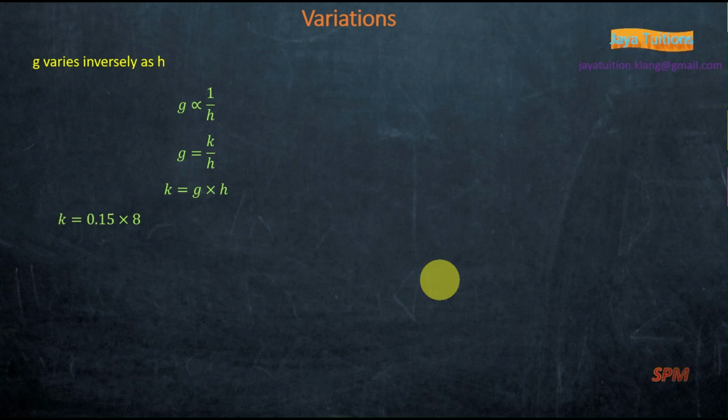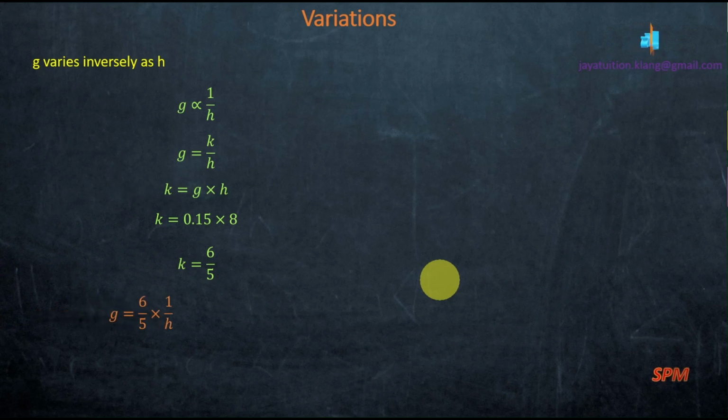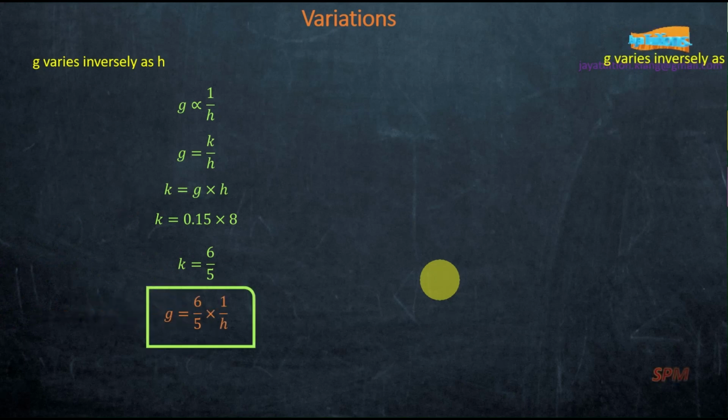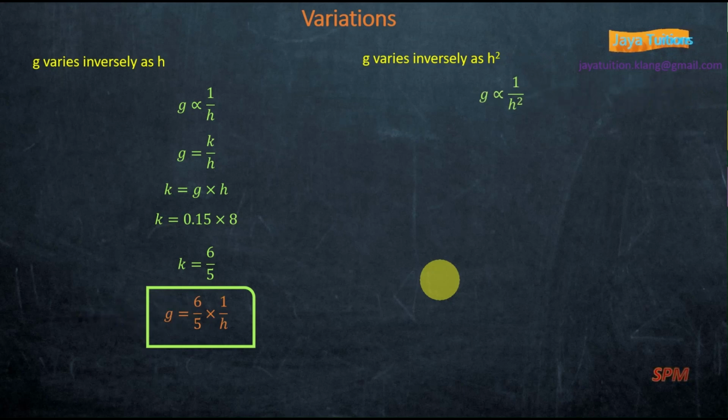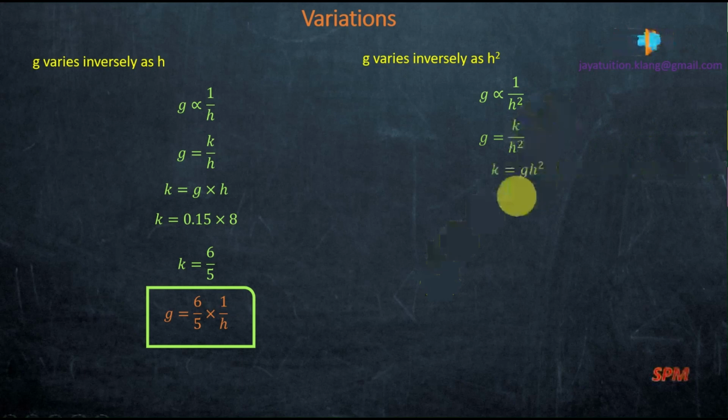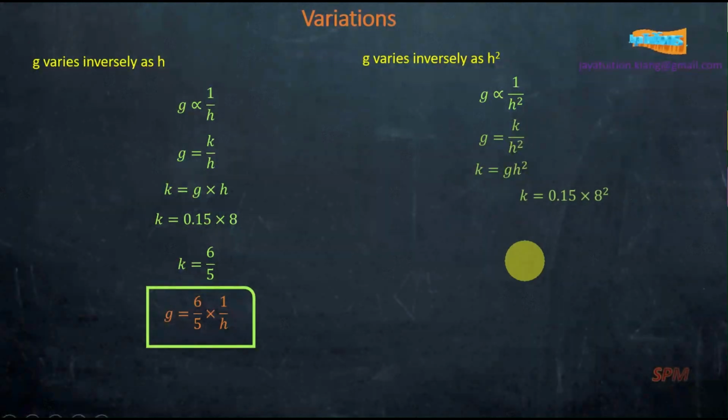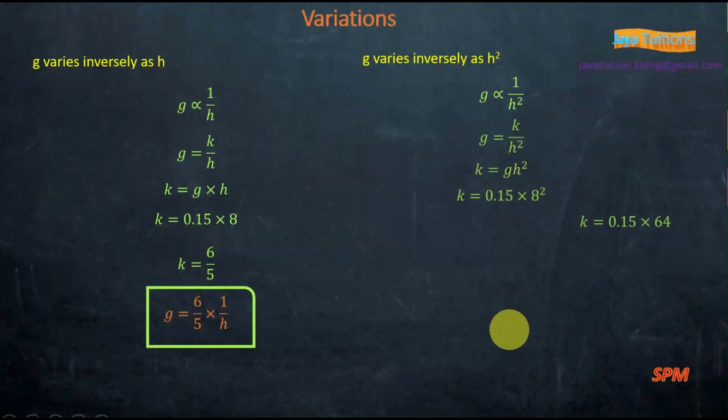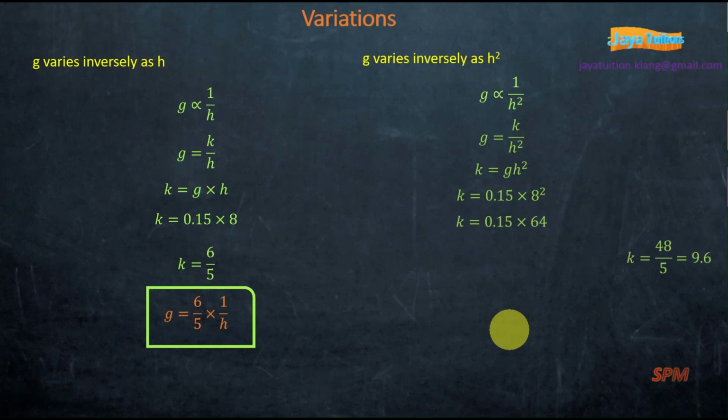You can verify your answers. The first part is g is equal to 6 by 5 multiplied by 1 by h. In the second case, g is inversely proportional to h square, you find the value of k, and hence you can get the value of g in terms of h square.